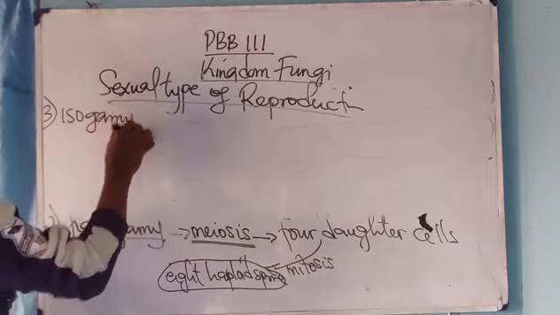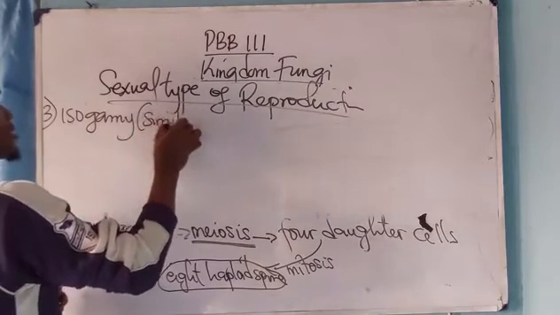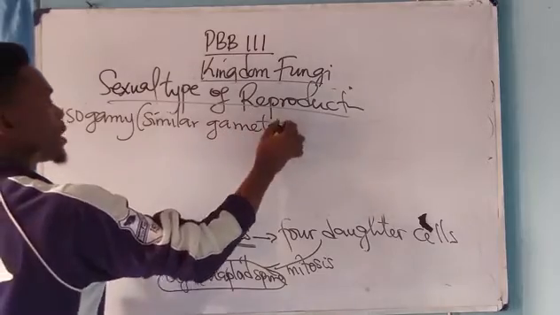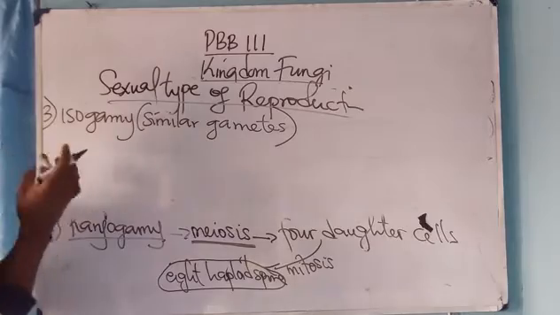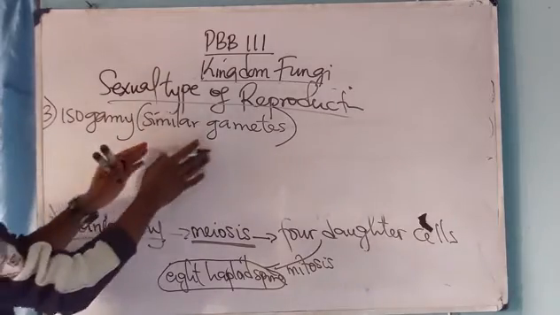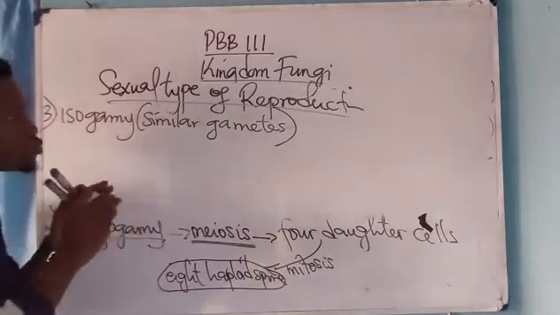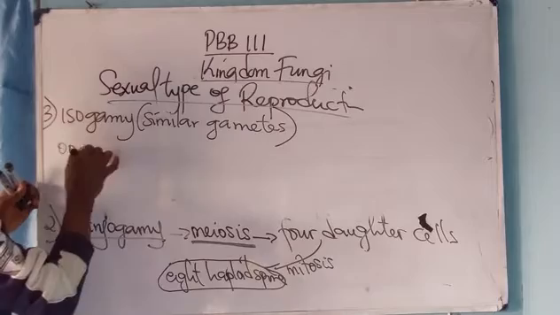Isogamy is the fusion of similar gametes. Gametes in this form are called spores. The fusion of similar spores or similar gametes is called isogamy. But the fusion of two different gametes is called oogamy. Take note of that.